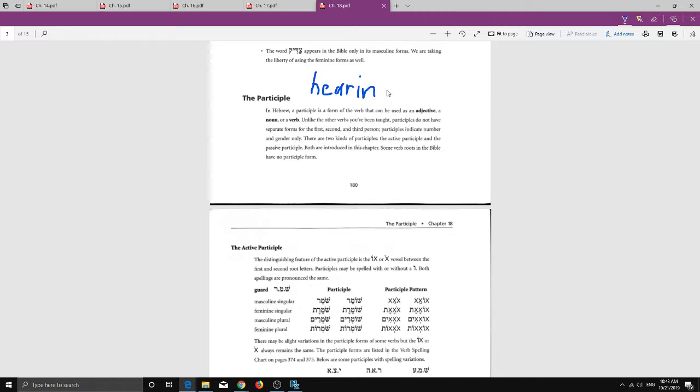Okay, but for instance, if we have the word hearing, okay, so hearing is a verbal idea because we have the verb hear with an ing at the end. So this is a good English example of that. I'm going to erase it because it's hideous. But in Hebrew, we can use this kind of verbal idea as an adjective, a noun, or still as a verb. Okay?